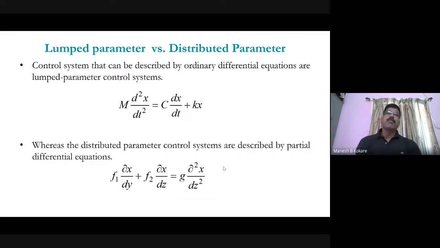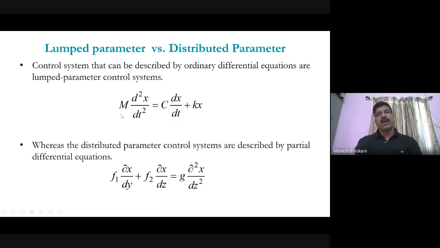Then lumped parameter versus distributed parameter. You might have studied lumped parameters in your network systems also, where parameters are individual, whereas distributed parameters are not individual. So a control system that can be described by ordinary differential equations is a lumped parameter control system.